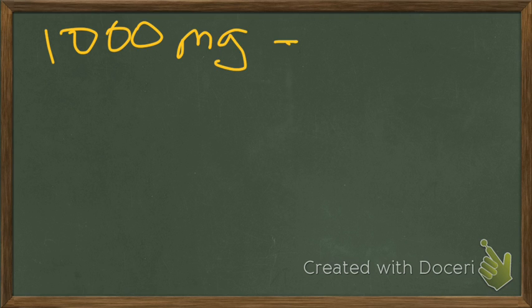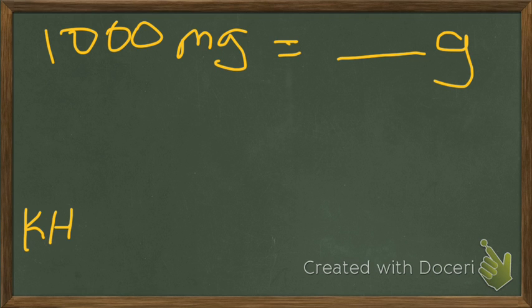So we have 1,000 milligrams is equal to how many grams? Okay, so we're going to be moving our decimal point. I suggest that every time you're getting ready to do practice problems, or get ready to take a quiz or test, just write out your little mnemonic: Kara's hot dogs use dead cow meat.